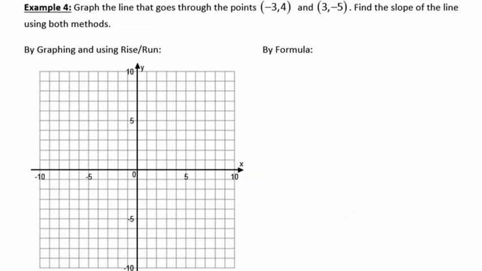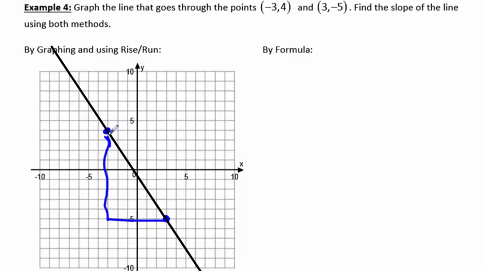In example 4, we're going to go through both methods again. We're going to graph the points, and we're going to find the value of the slope. So if I graph (-3, 4), it should be right here, and (3, -5). Let's connect them. And imagine the triangle that you get if you go straight down and straight over from one point to get to the next.